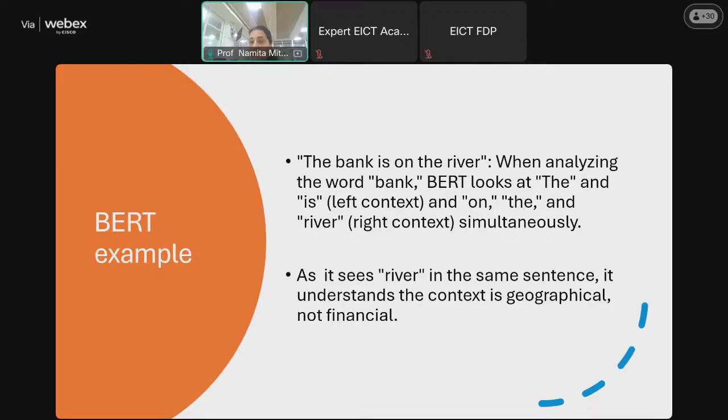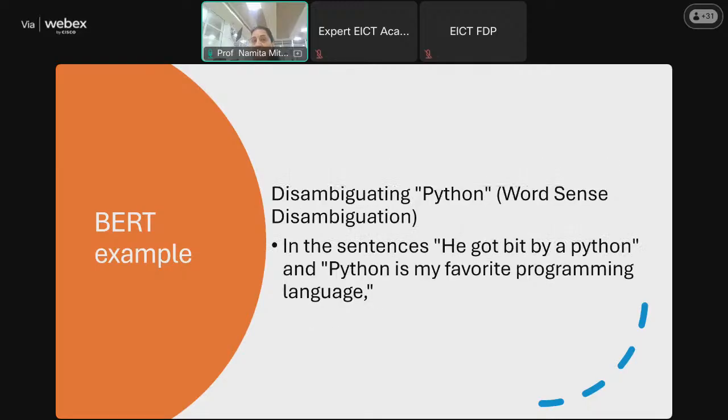So that's why we want to make it perfect, that it should pick the correct one. Otherwise it may create ambiguity, as if we are talking about the financial bank. So something has been said before and after the word so that we can reach the correct concept or context of the word. Here the word bank is in question, which bank are we talking about, right? This is how BERT is helping us.